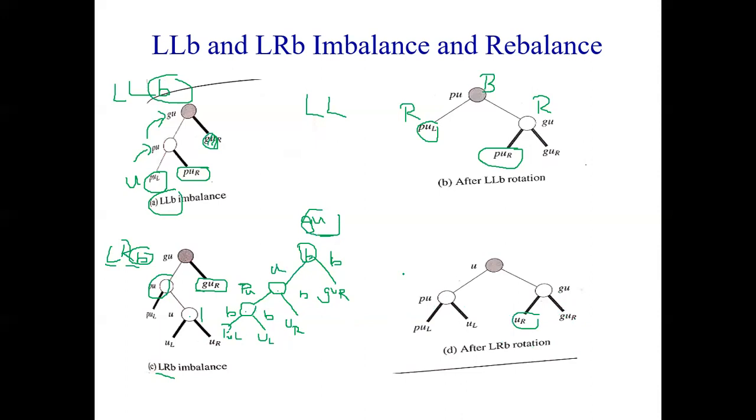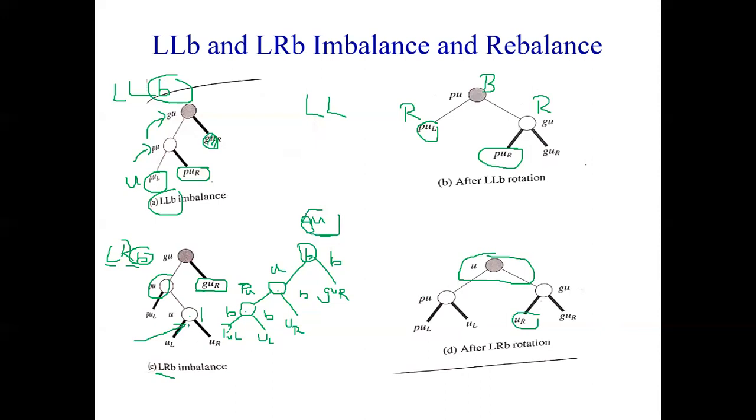After performing the left and right rotations, you see where U is now. U has now moved to the root of the tree. Previously U was at the bottom level, as U is the leaf node.